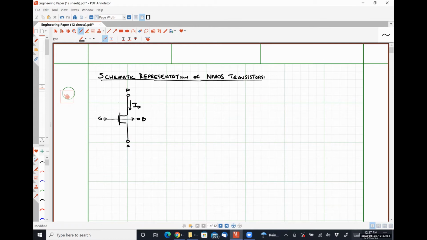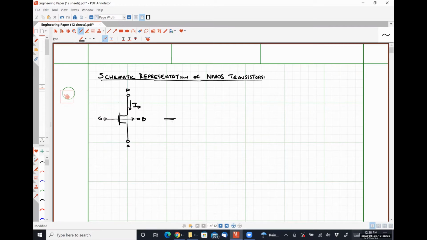There may be gate current in our small signal analysis, which is what we're going to do with amplifiers, but that's really dependent on what frequency we're operating at, because we know that the impedance of the capacitor is not infinite for certain angular frequencies, right? As frequency increases, the impedance of the capacitor goes down and it starts behaving more and more like a short circuit. So depending on what frequency we're operating at for our small signal analysis, we might have a gate current. But with regards to DC, we should never see a gate current.